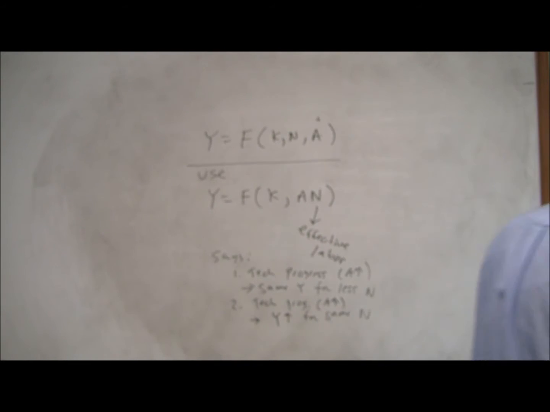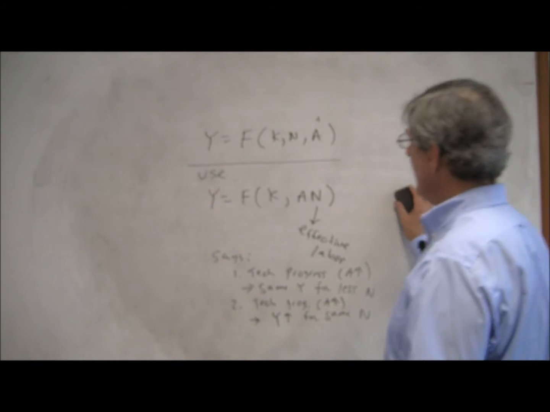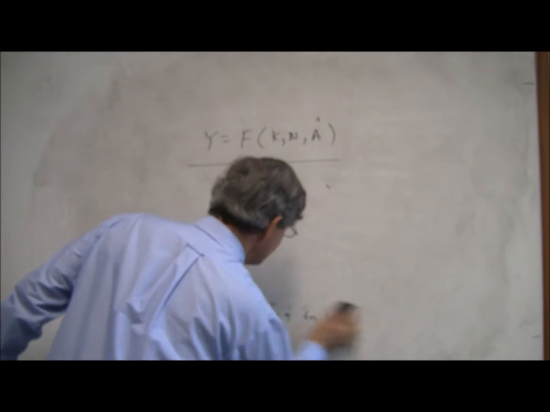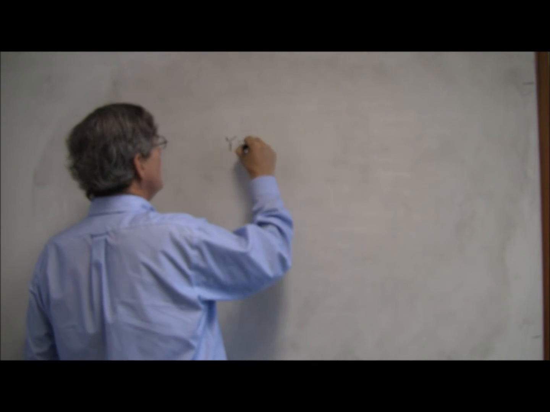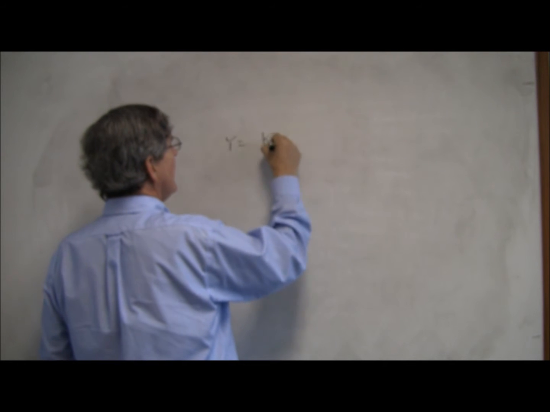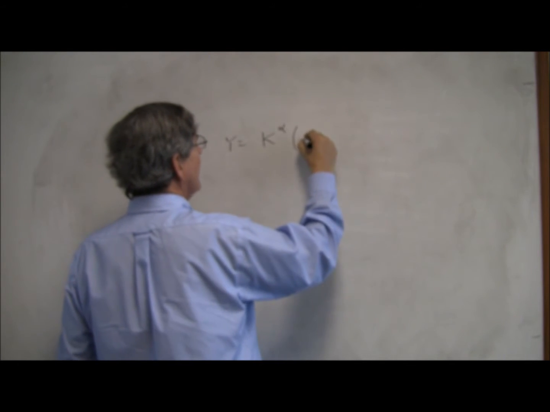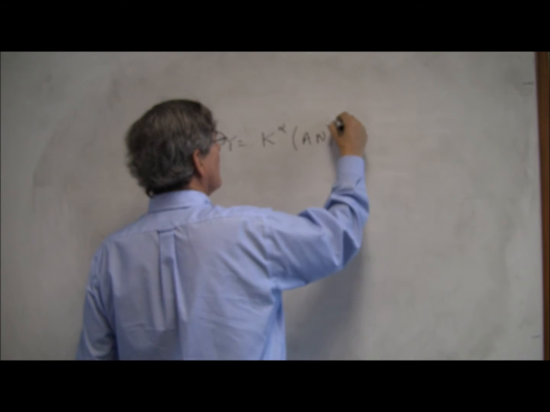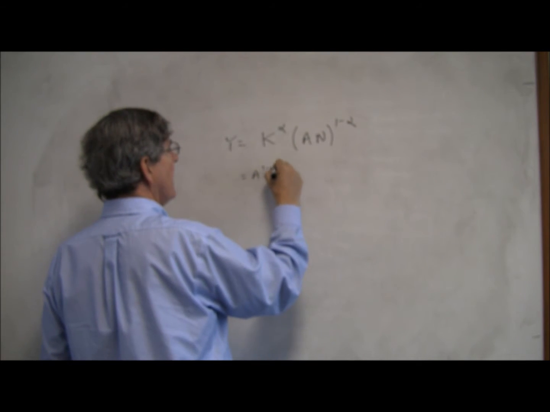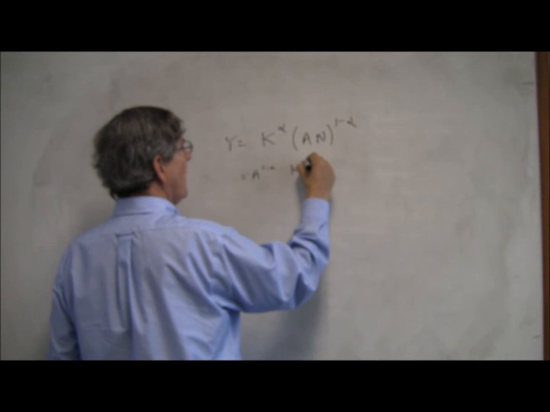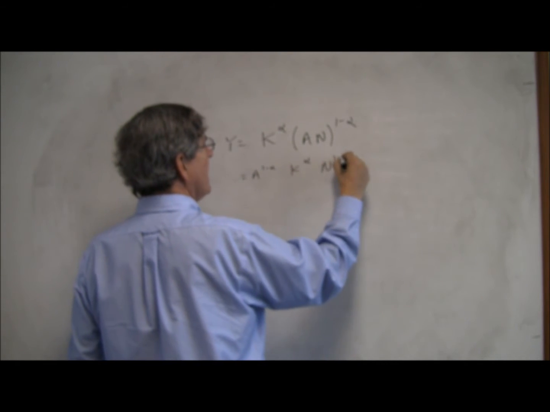Now, we're going to do like we did before and assume constant returns to scale. But let me just show you. In a Cobb-Douglas, essentially what we're saying is that Y equals, say, K to the alpha, AN to the 1 minus alpha, which you could write as A to the 1 minus alpha, K to the alpha, N to the 1 minus alpha.